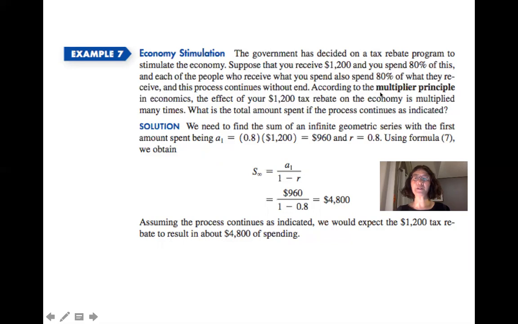According to the multiplier principle in economics, the effect of your 1,200 tax rebate on the economy is multiplied many times. What is the total amount spent if the process continues as indicated?